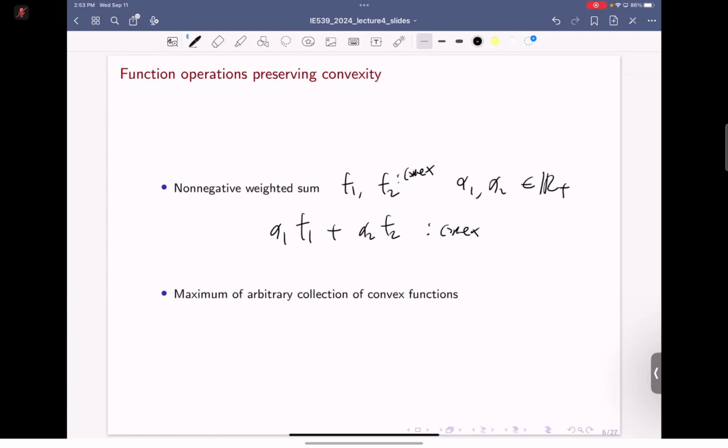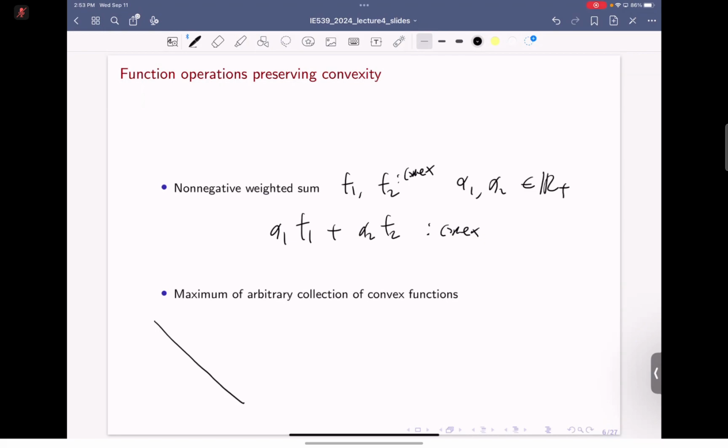Let me give you one example for the second operation. So this thing is a linear function in R2, or for the univariate case, we get a line in R2.